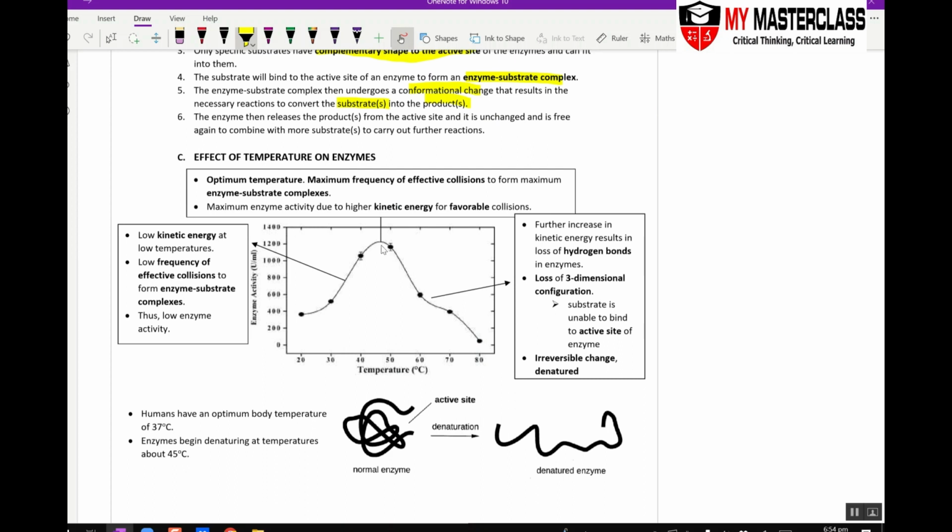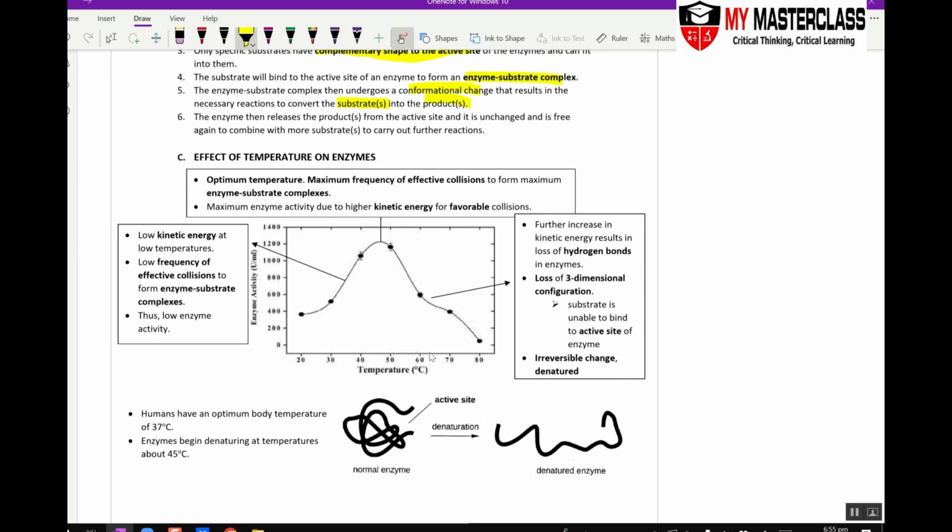Subsequently is optimum temperature, and then as the temperature increases beyond the optimum temperature, there is the loss of hydrogen bonds. So all this three-dimensional shape is held by the hydrogen bonds, which keep them in place over here. So once the hydrogen bonds are lost, it cannot be held together, so it becomes a linear structure.